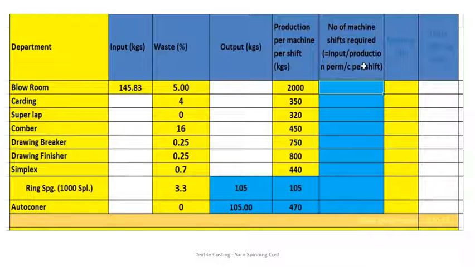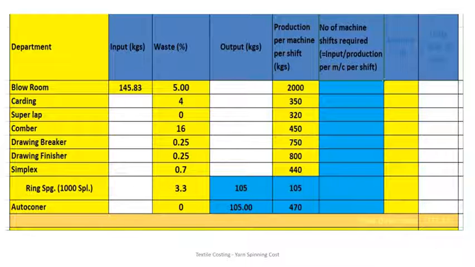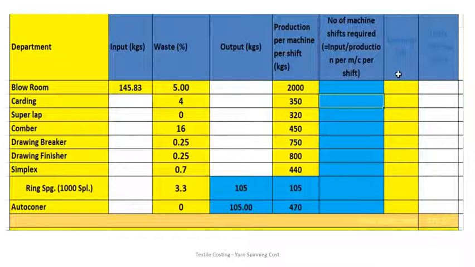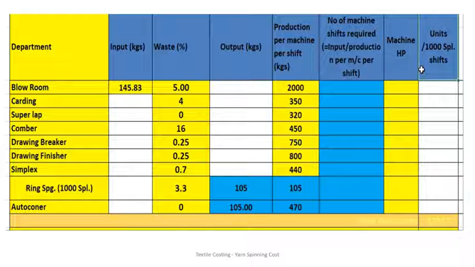This is equal to input, which we are going to calculate, divided by production per machine per shift. And next we know the machine HP. With the number of machine shifts required and machine HP, we can calculate the number of units per 1000 spindle shifts, or units required for 1000 kg.